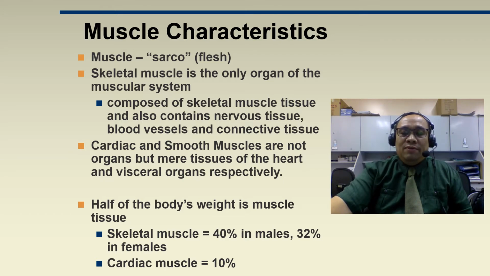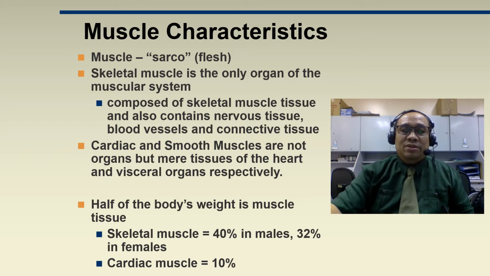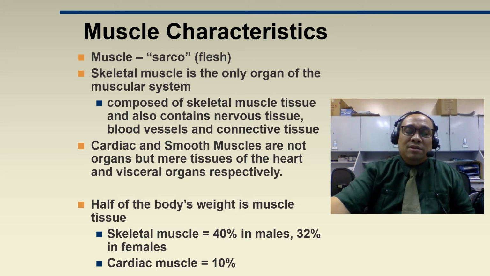Muscles have different kinds of characteristics that make them unique from the other tissues or the other systems of the body. First of all, the prefix that is associated with muscle is sarco, which is also described as the flesh. And you will encounter several anatomical terminologies that use that particular prefix, such as the cell membrane of the muscle, which is called the sarcolemma.